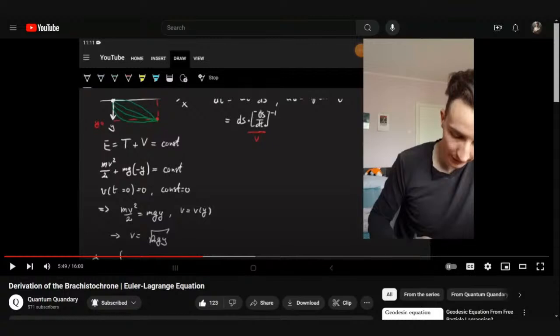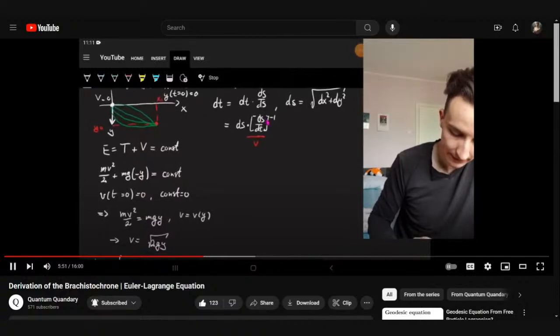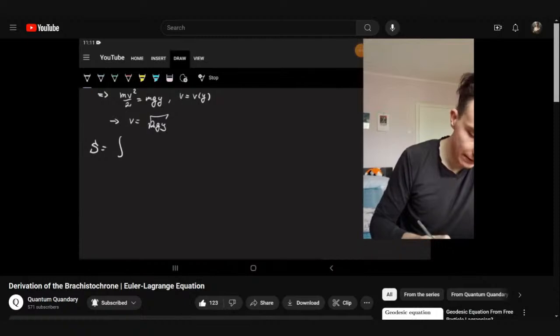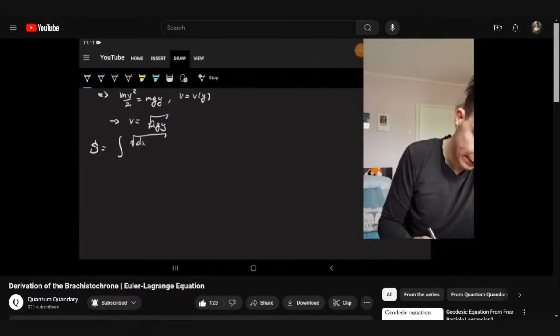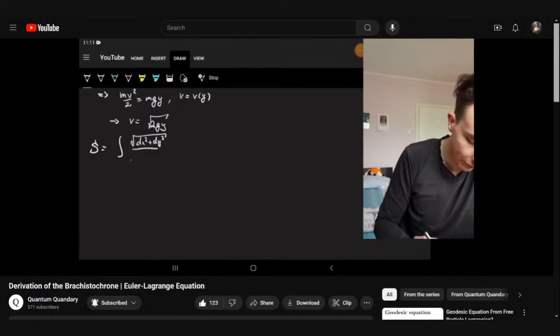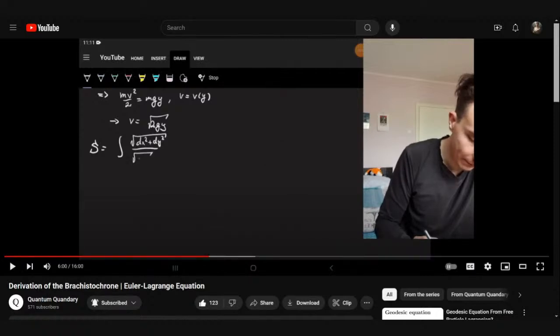So it's the integral of ds over v. Now ds is the square root of dx squared plus dy squared. I'm leaving it in this form intentionally for now. It's not a format, it's a form.